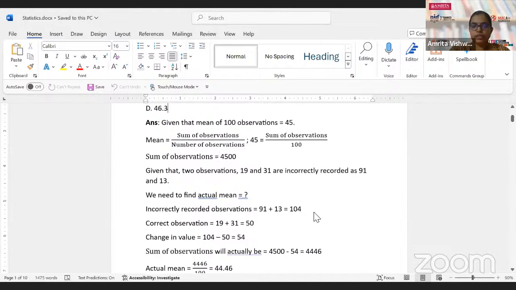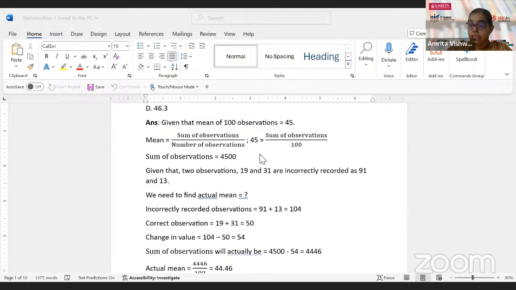Is everything clear related to this question? We have a mean of 100 observations, which is 45. That's already given in the question. I'll be able to find the total of the observations.